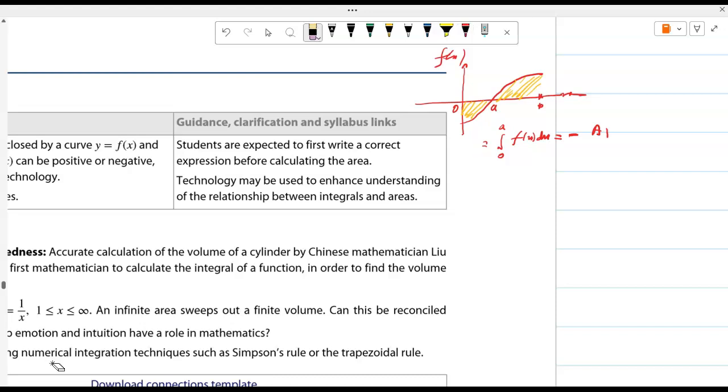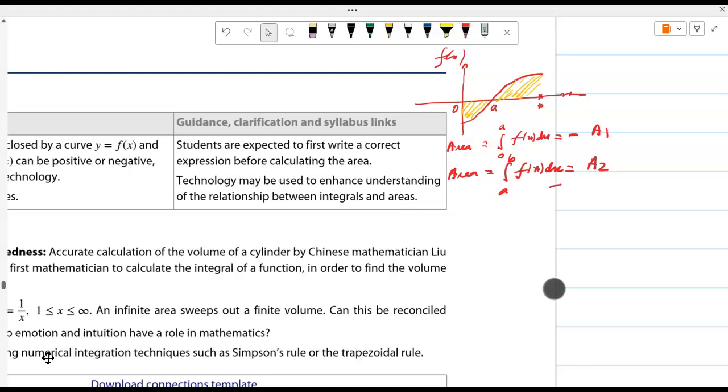Let's call this minus A1. Remember, whenever the area is below the x-axis, the answer will come negative. Remember this. Now the second area: you take it from a to b, f(x) dx. You integrate it, put the upper limit, put the lower limit, and that area will come positive.